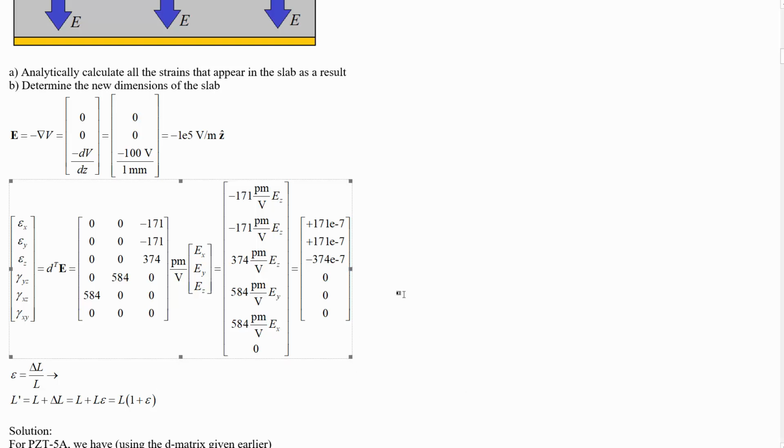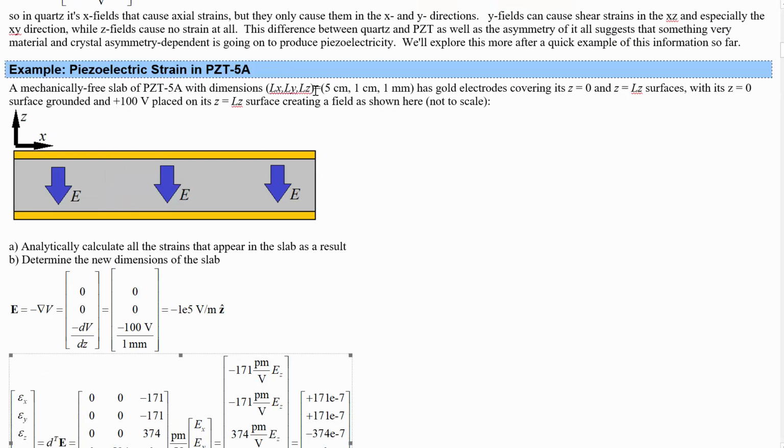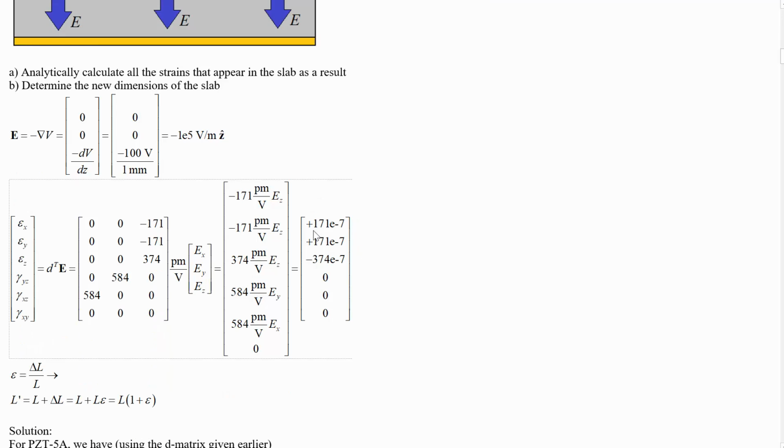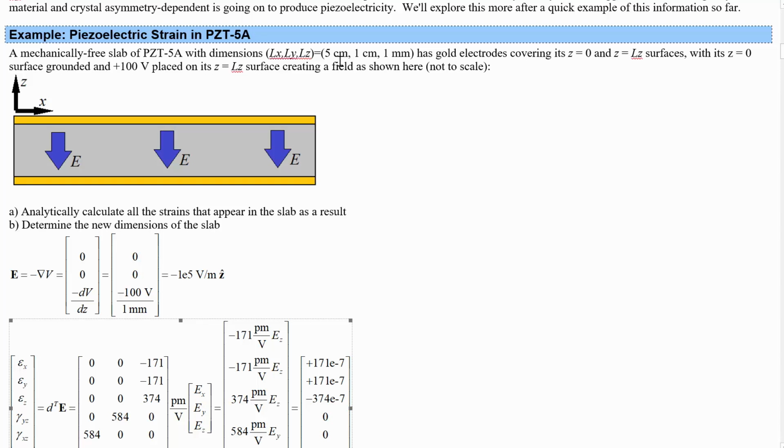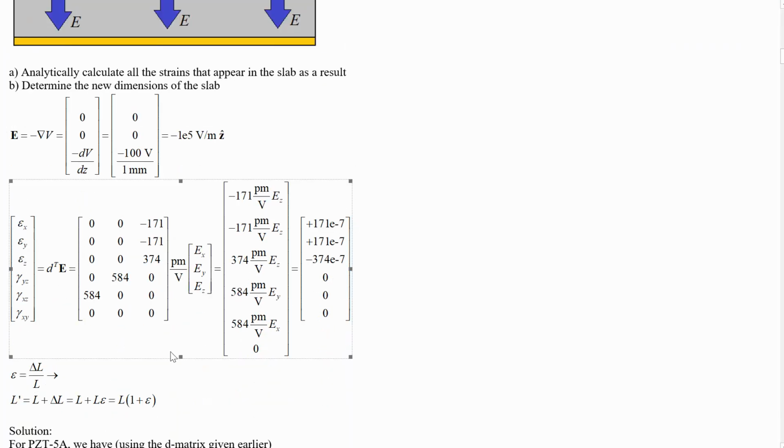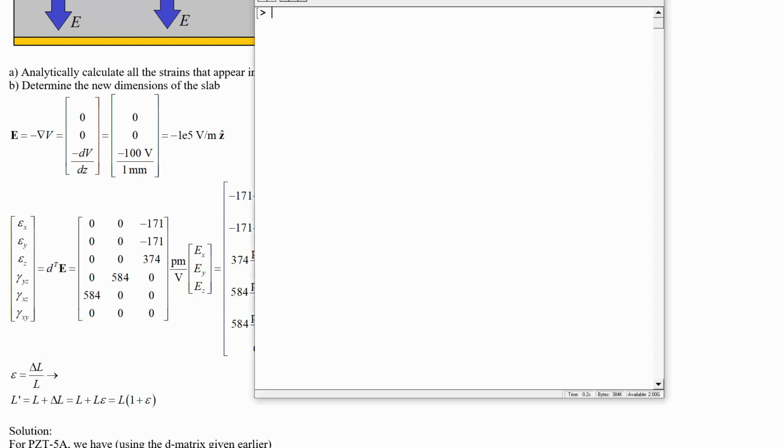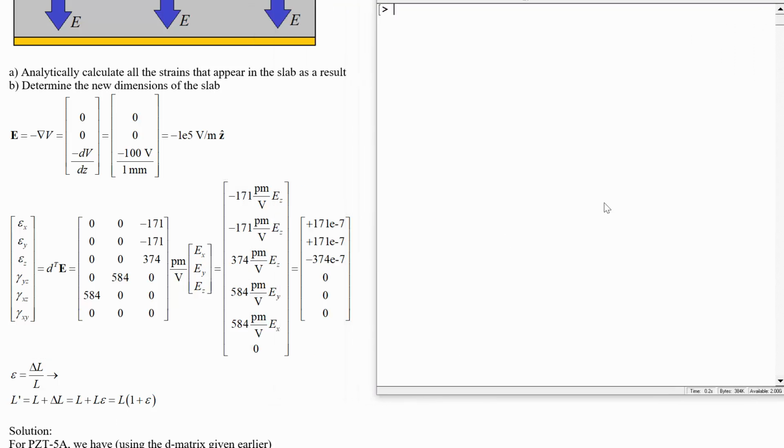Okay, so since the original dimension was 5 centimeters in x, we'll take 5 times 171 E minus 7 centimeters will be the change in length, and then we add that to the original length, and we get the new length. Okay, so let's just go ahead and do that. Epsilon is equal to 171, negative 374, 0, 0, 0.